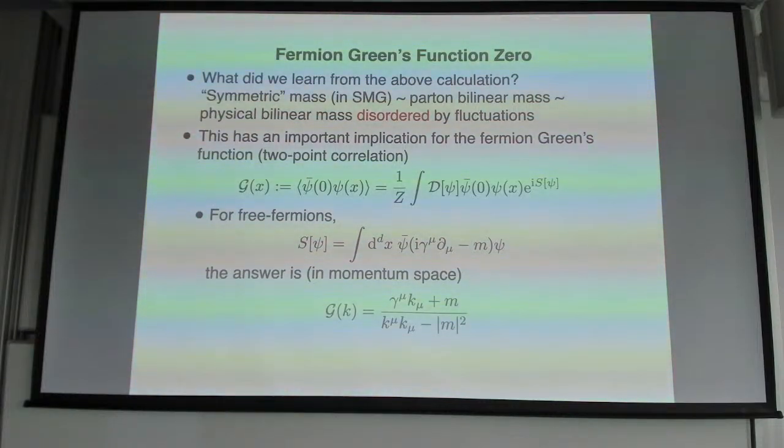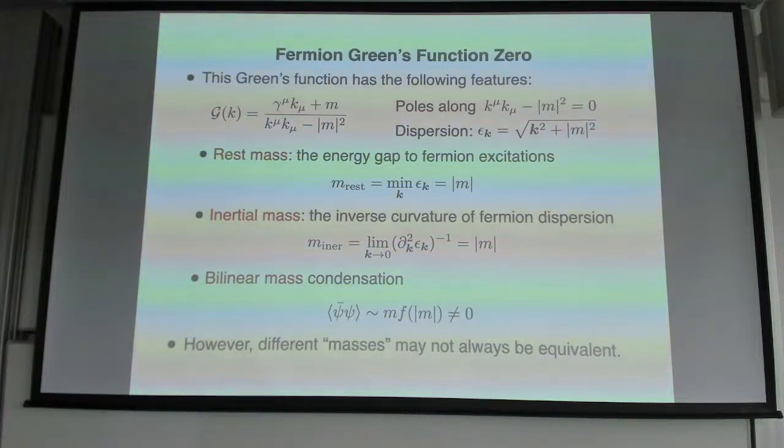For example, if we start from a free fermion theory with an explicit bilinear mass like that, we know how to calculate the two-point function. The answer is like this in momentum-energy space. If you look at this free fermion, the trivial bilinear mass, it produces a few features. For example, this Green's function has a pole along this dispersion relation.